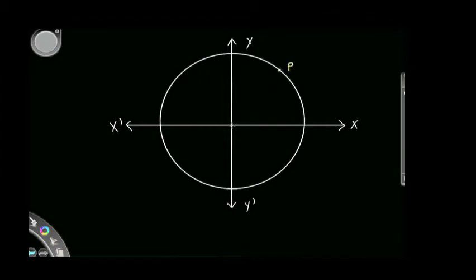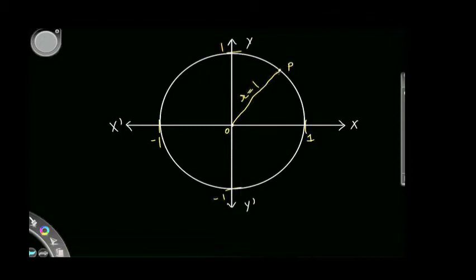If we join this to the origin O, since this is a unit circle, the length of this radius will be equal to 1 unit.